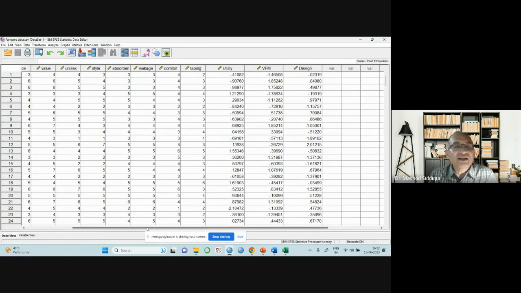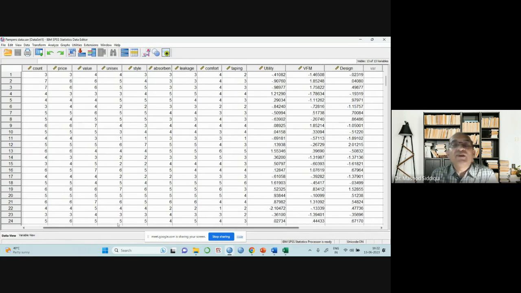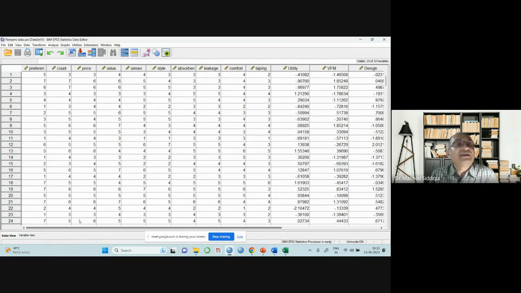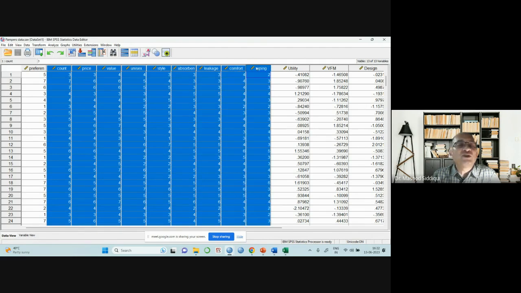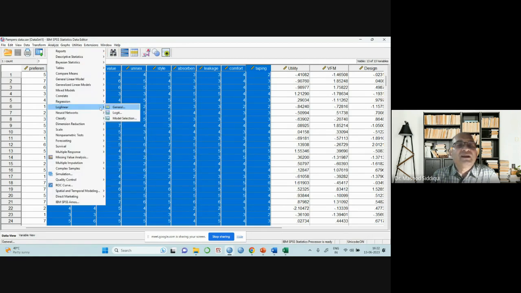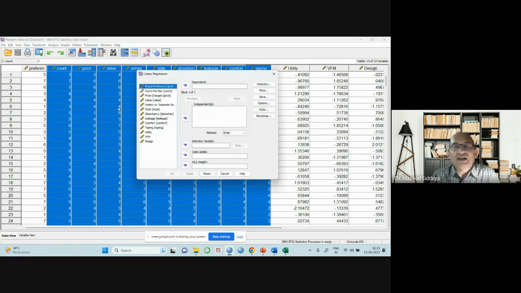Now the question that was asked by Amri, if we want to run the regression analysis, right? So you can extend this case to this. In the first part, preference is the dependent variable. In the first part, include these variables, so that it will show severe multicollinearity. But instead of that, if we use the factors or the principal components instead of the variables, it won't show the multicollinearity.